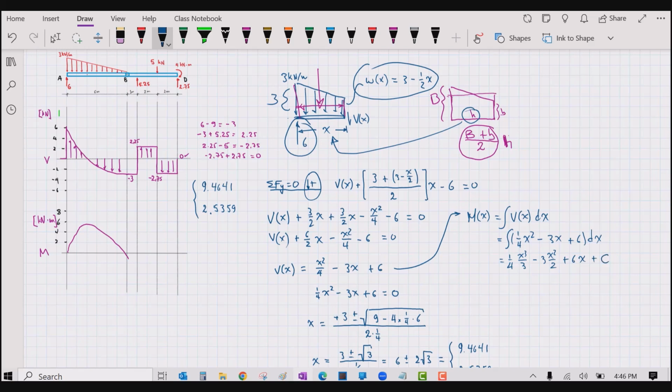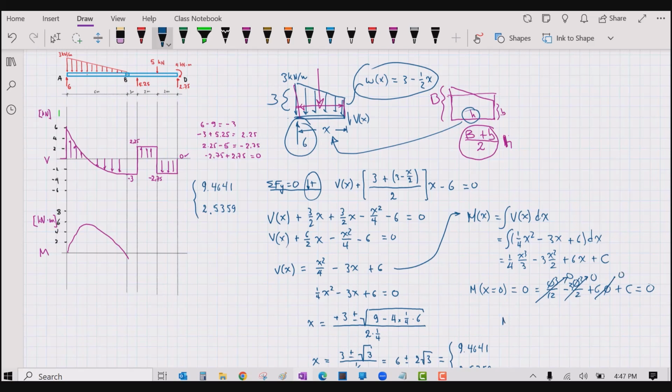We know that the moment is 0 at x equals 0, so we can use that value to get that constant. M at x equals 0 is equal to 0, and is equal to 0 cubed over 12 minus 0 squared over 3 halves plus 6 times 0 plus c. So c is equal to 0 because all these terms go to 0.